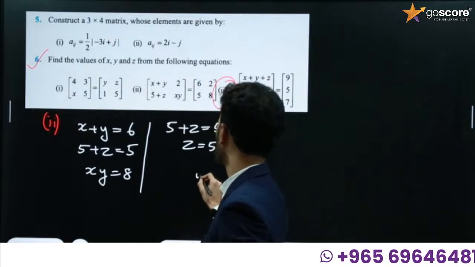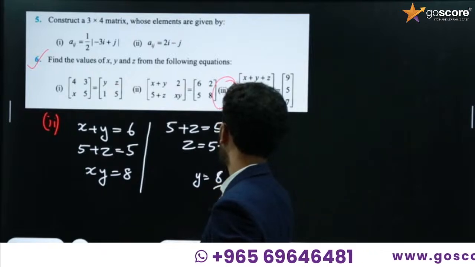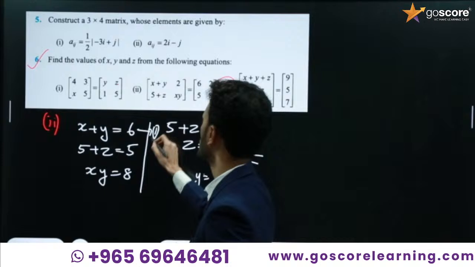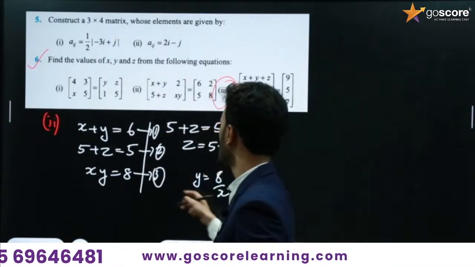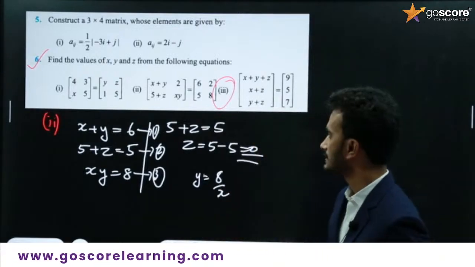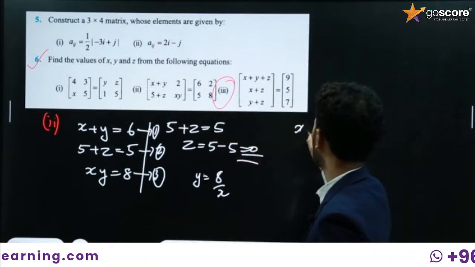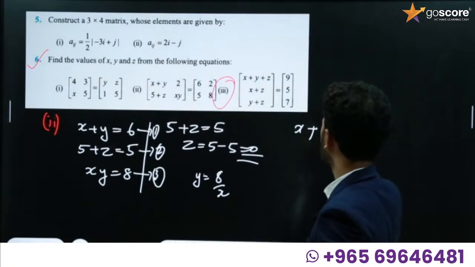xy is equal to 8, so y is equal to 8 by x. I am taking this one as equation number 1, equation number 2, equation number 3. Substitute y is equal to 8 by x in equation number 1. So x plus 8 by x is equal to 6.